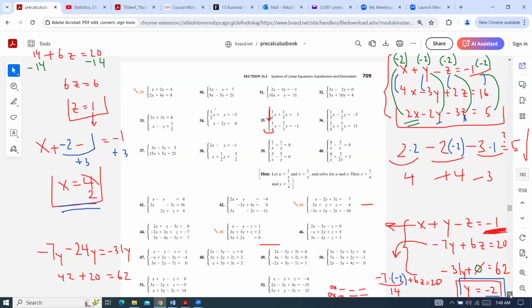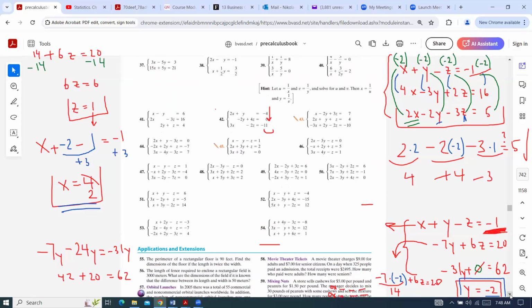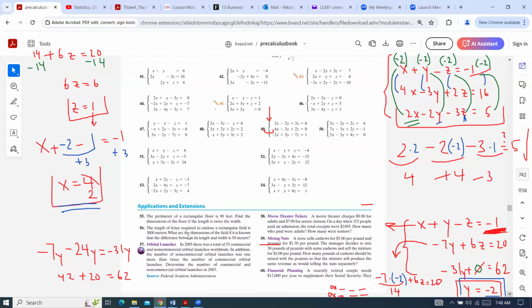Let me try one here. Let's say exercise 43. Looks like it's a system that has them all, x and y's and z, and 3 equations and 3 unknowns. So I have to find all of them. And as promised, I'm gonna get some room. I'm gonna share with you a board.